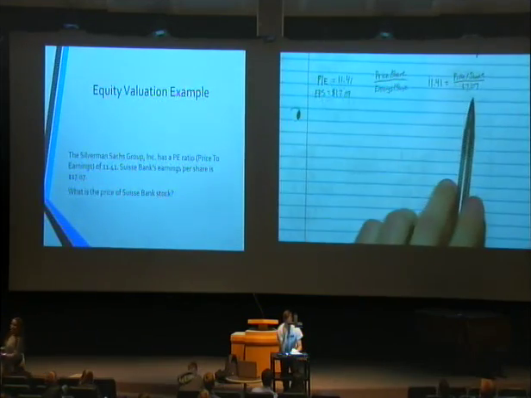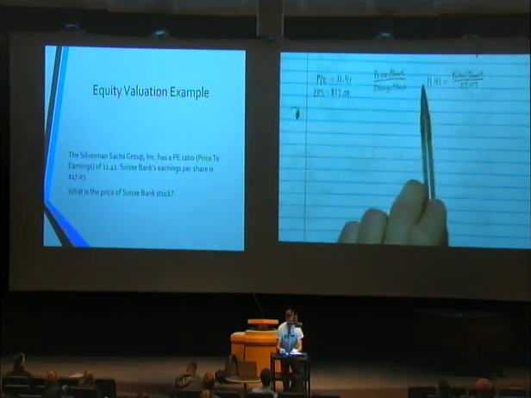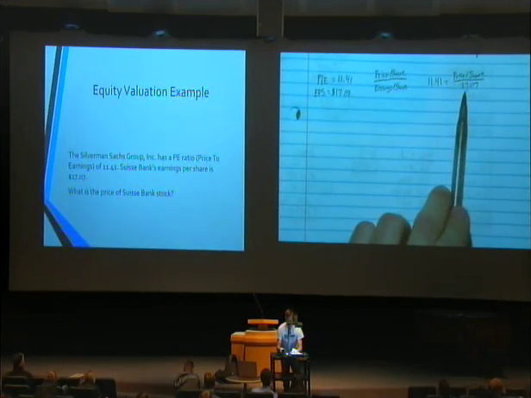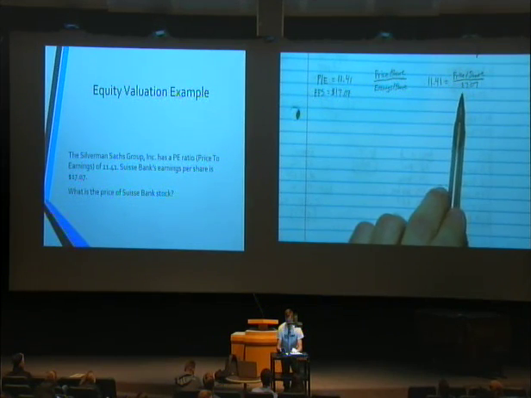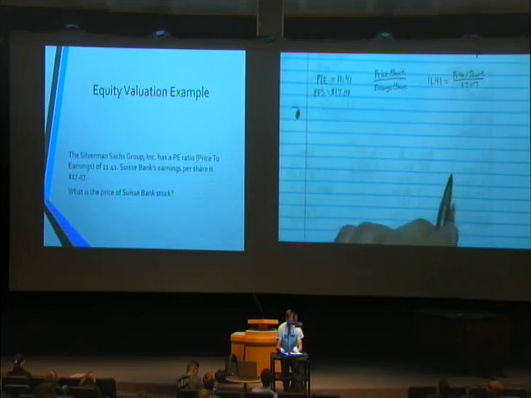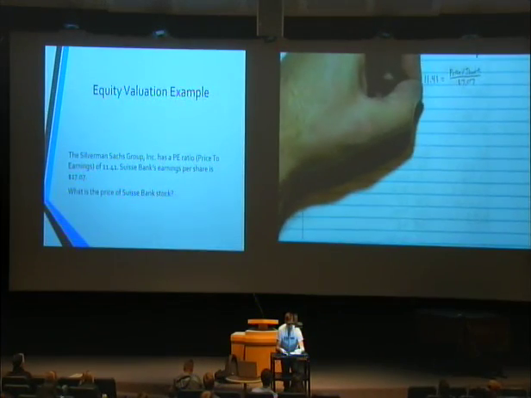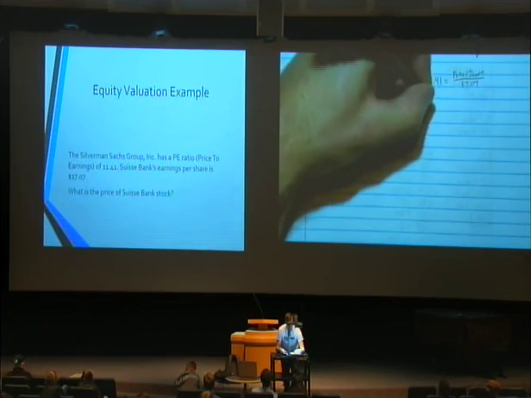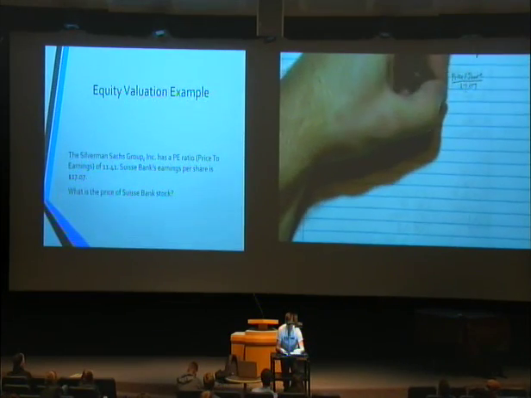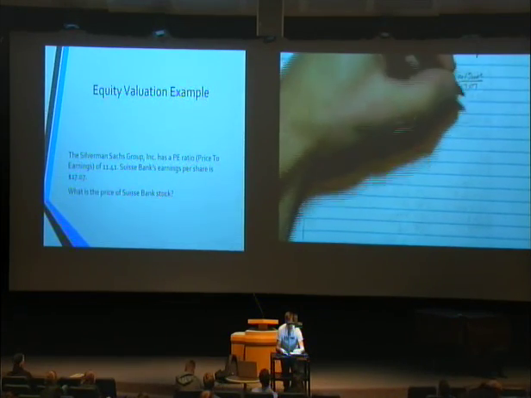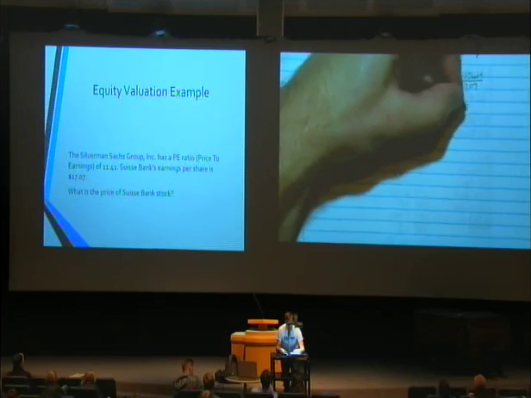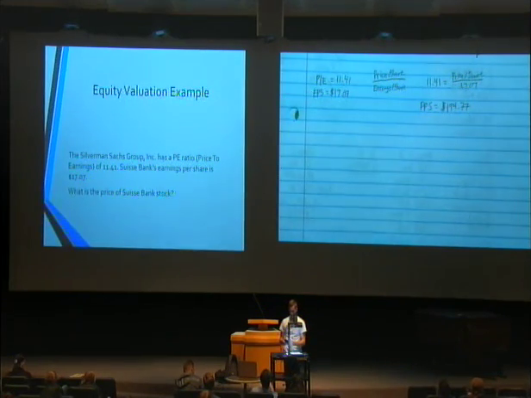So now we can just use algebra, multiply 11.41 by 17.07, and that gives us the price per share of 194.77. Okay, so that's how you would solve that problem.